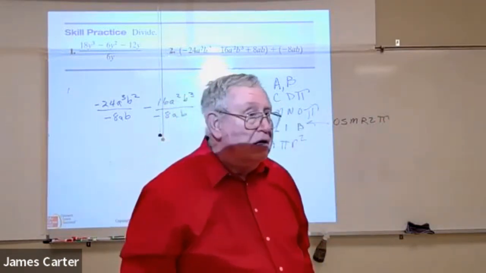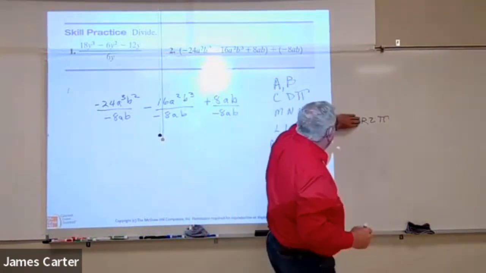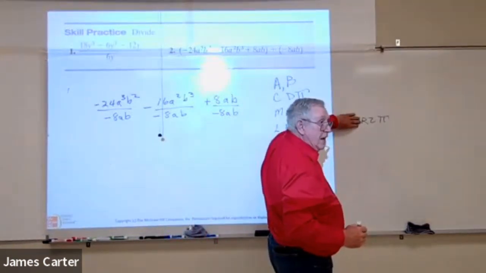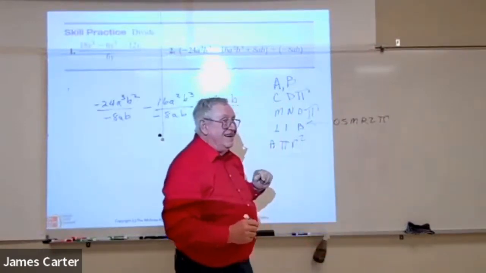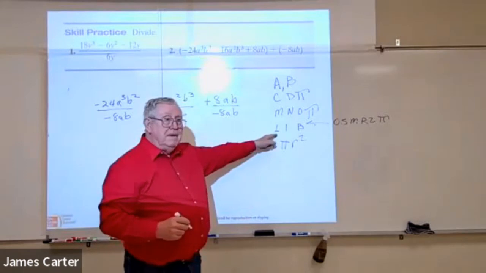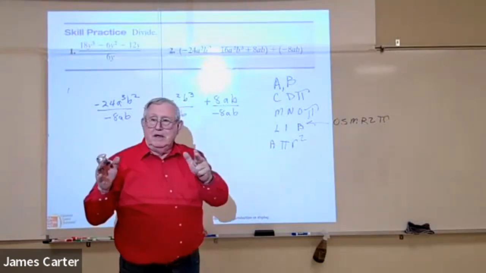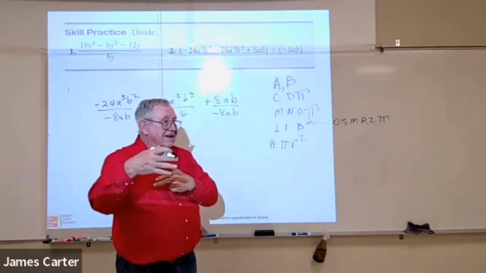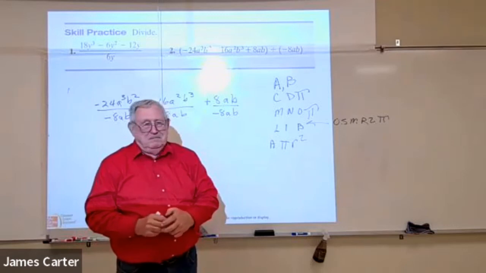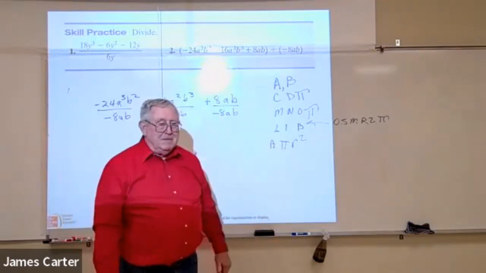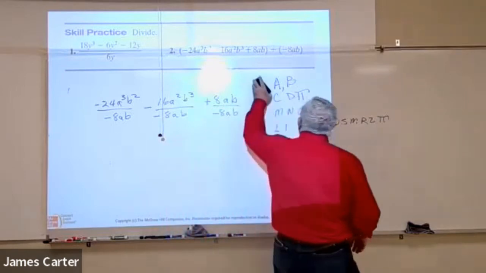Radius times 2, the diameter times pi, again, the circumference. A pi r squared. What does that have to do with this? Just AB triggered my memory of that little jingle.